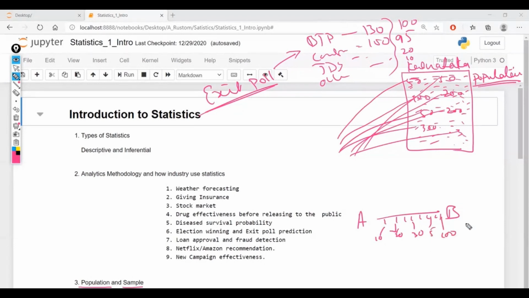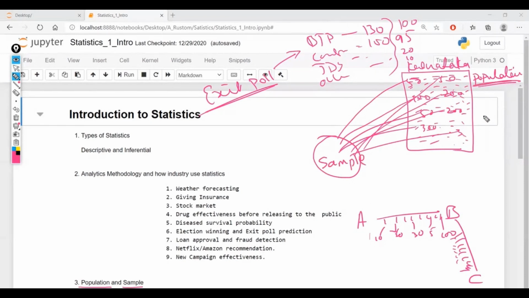So from one place to another place. From B I will travel to another city, C, and here I will start picking some of the data, taking opinions from different people in between. I will collect all this data, and this data is nothing but a sample.